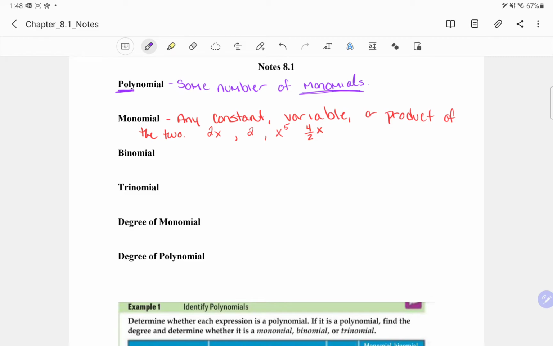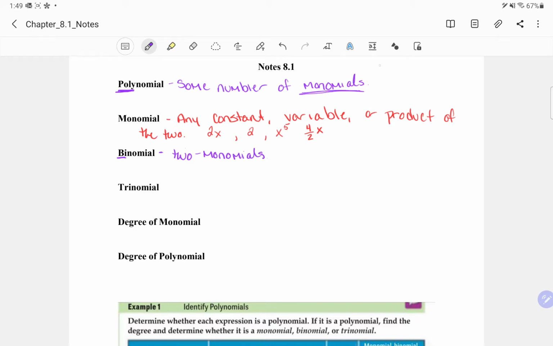It's just one, but it's some number of monomials. And if that number is just one, it's still a polynomial. Okay? A binomial, you use the prefix here. Bi means two monomials together.